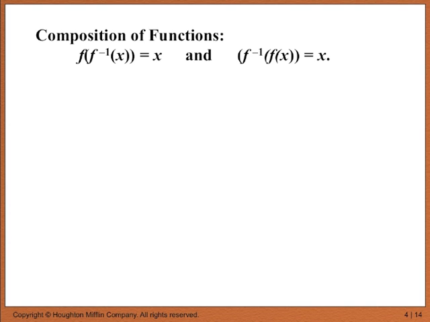It's just a symbol. An inverse function simply undoes the original function, and the original function undoes the inverse. They undo each other. That's why they're called inverses. It's the nature of inverse functions.